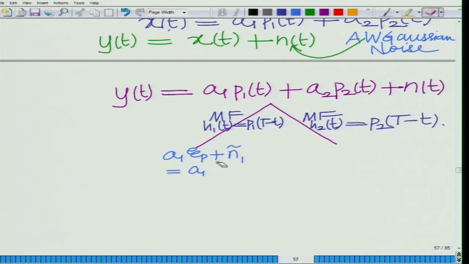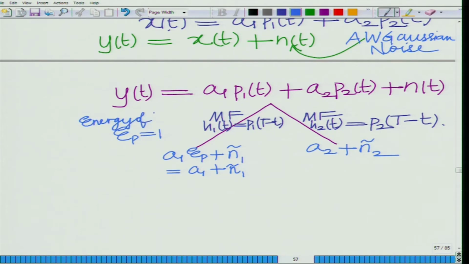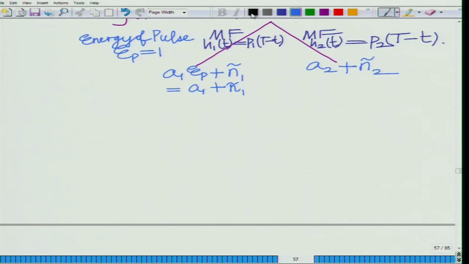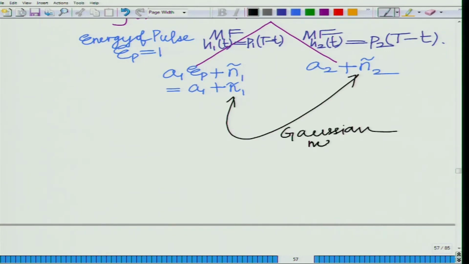So, therefore, this is A1. I keep writing EP again just to account for the general scenario, and this thing is A2 plus N2 tilde. N1 tilde, N2 tilde are Gaussian noise samples with mean equal to 0 and variance equal to N naught divided by 2.